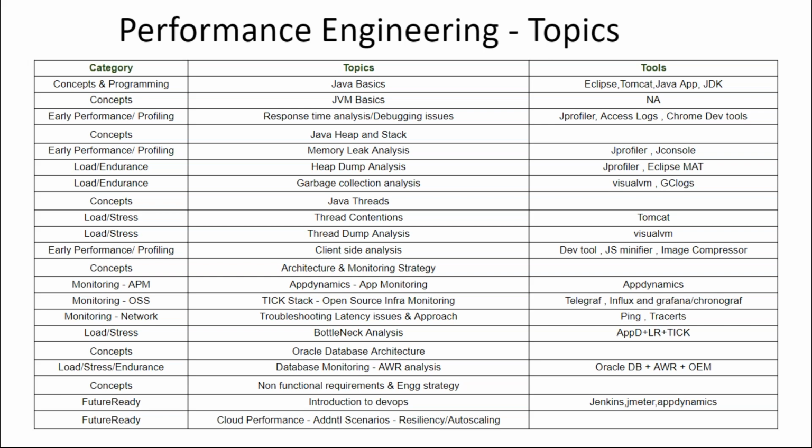Very basics. We are not going to do any hardcore application development here, but it's about getting ourselves comfortable with the terminologies, concepts, and a little bit of programming, compiling it, running it, deploying it. So we'll start with the concepts and programming as part of the Java basics.